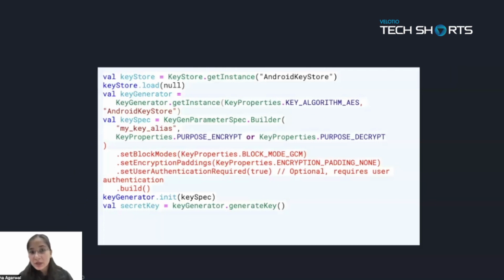We give the specifications for the keys: what sort of unique alias we want to use, the purpose, whether it is to encrypt or decrypt, use a GCM block mode, and other optional things such as user authentication. This ensures that the generated symmetric key is securely stored within the Android Keystore system. This is a versatile encryption system. The generated key can be used for secure encryption as well as decryption operations in the applications.